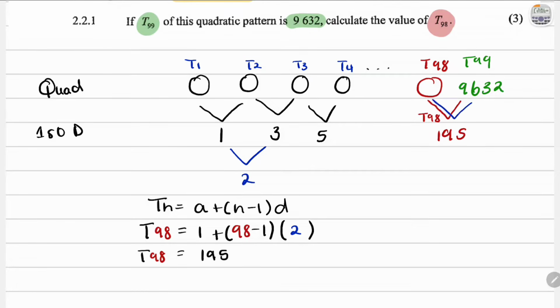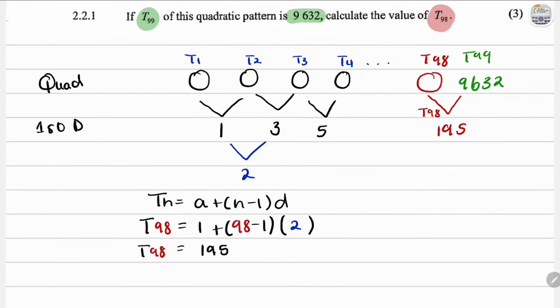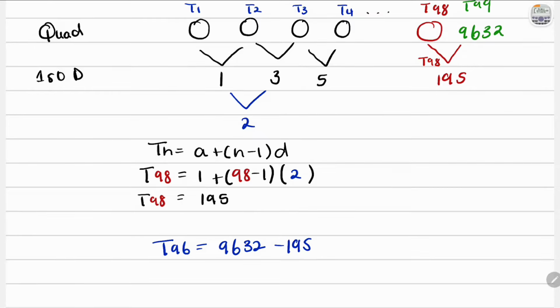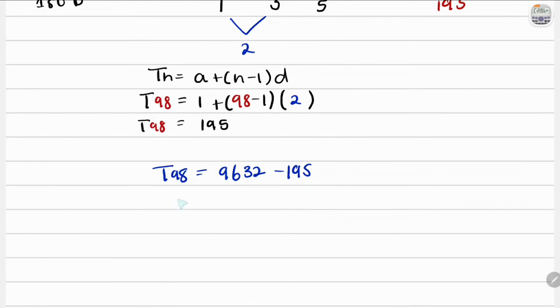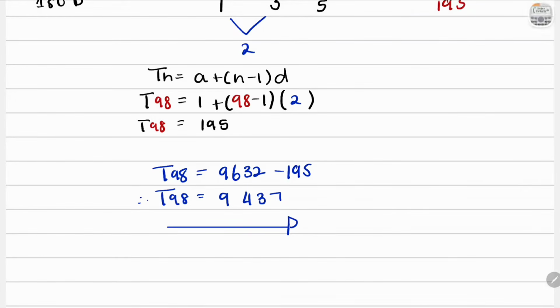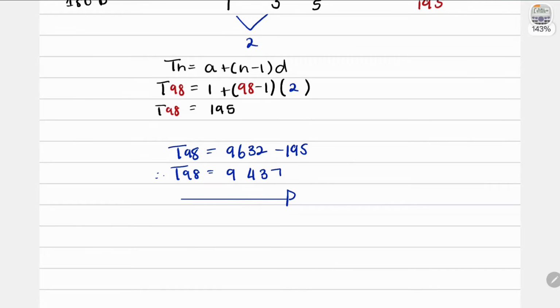Because you added when you were going this way, you must subtract when you're going backwards. So term 98 is going to be found by saying 9632 minus 195, and that's going to give you term 98. Sorry about that. Okay, that gives us 9,437. So there we go. Term 98 of the quadratic pattern is that number.